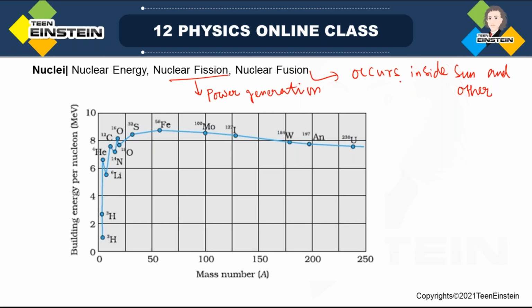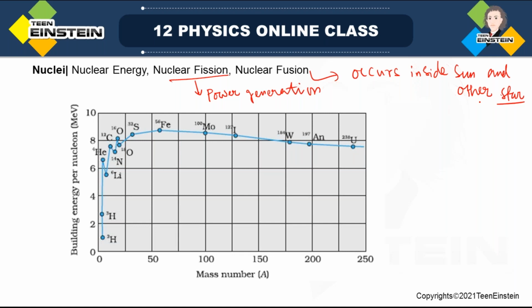The fusion reaction inside the sun is so important, and it is the source of energy, the cause of energy release by the sun. So nuclear fission and nuclear fusion have a direct and very important role in our day-to-day life.